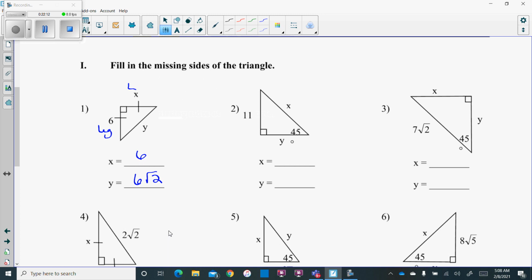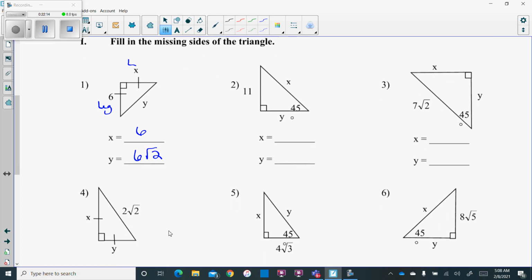So, for example, on number 3, I'm going from the hypotenuse, which we know is 7 root 2. I'm trying to get to the leg. So I'm going big to small. So if I go big to small, this is when I divide, right?